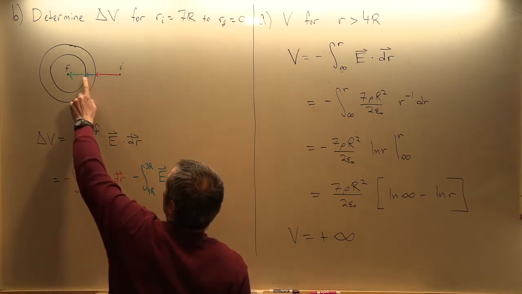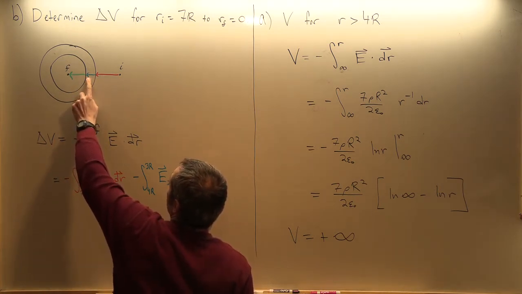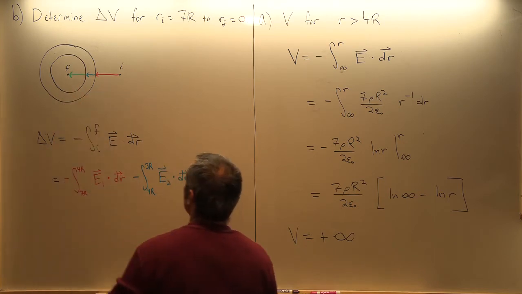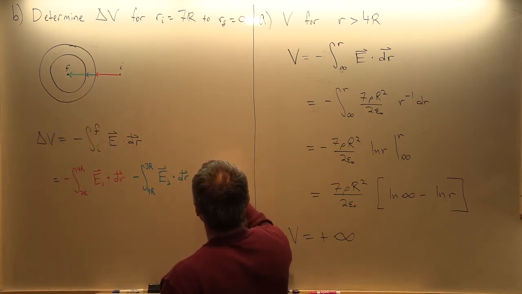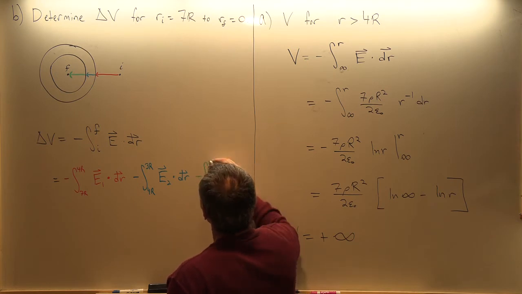And then we stop there because that formula stops there, and we continue on integrating the rest of the way from 3R to the origin.